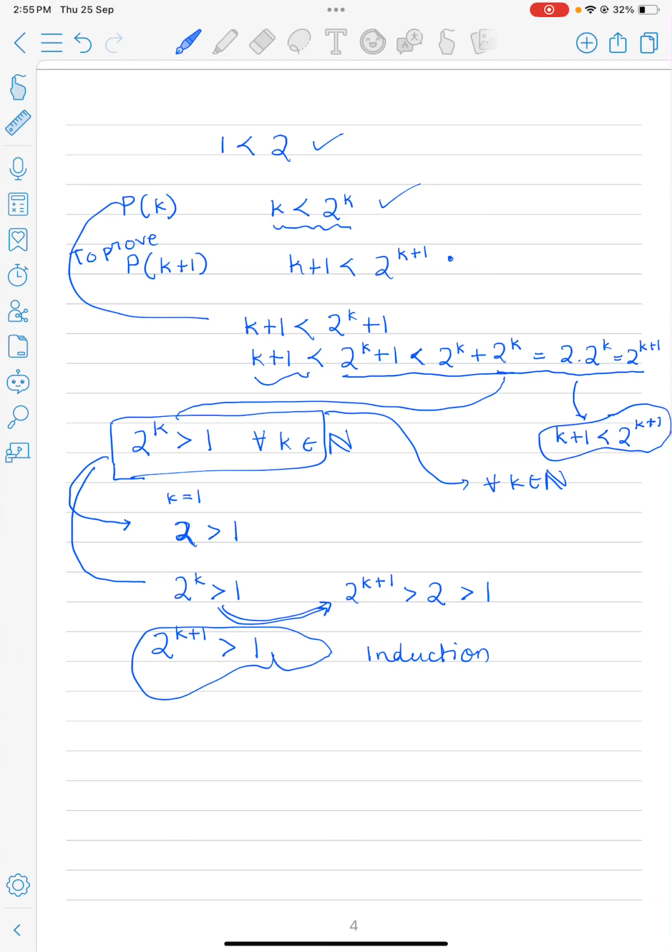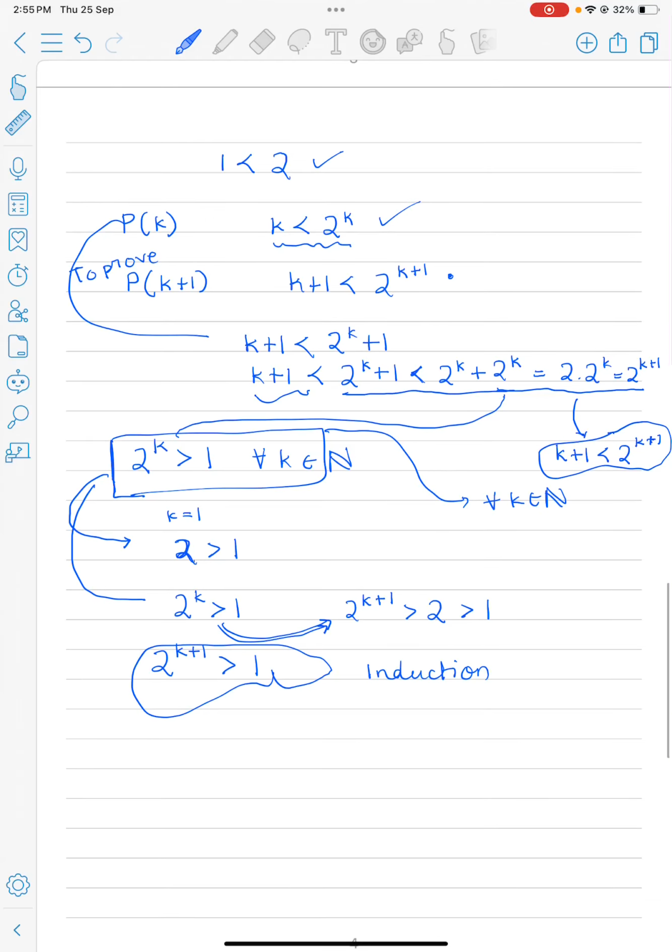So let me rewind. So what I did is I proved using induction, I proved this one first, that 2k is greater than 1 for all k belongs to natural number. For k is equal to 1, this is clear. For k, Pk, this one we assumed is true, and then I showed Pk plus 1. So this statement is 2k plus 1 is greater than 1. This one I want to prove.